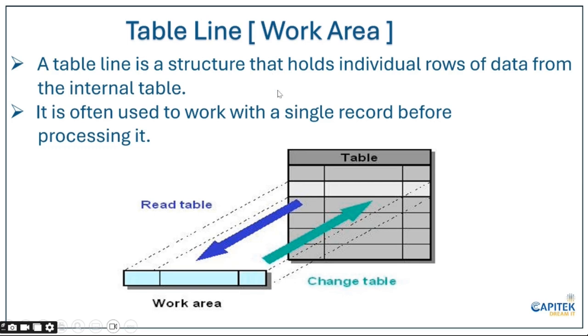So why do we generally use a work area? We use a work area when we want to read data from the internal table, and also when we want to write data back to the internal table.